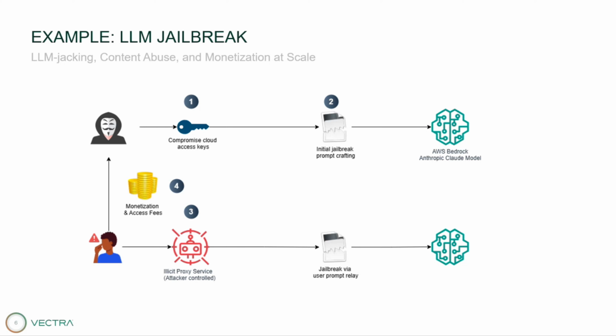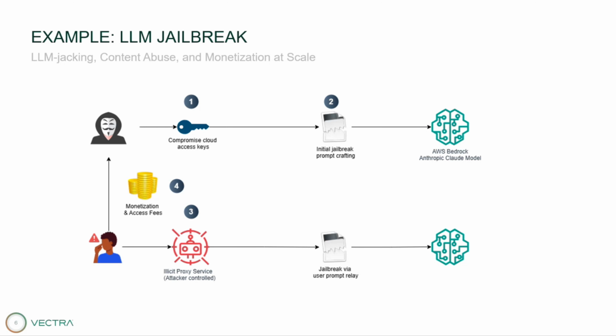And in this case, it was Claude hosted on AWS Bedrock. The attackers designed prompts that allowed them to consistently bypass Claude's filters and generate illicit role-playing content that normally would have been blocked. They were running a public chatbot accessible through a paid reverse proxy, and they used the hijacked model to generate the content behind it.